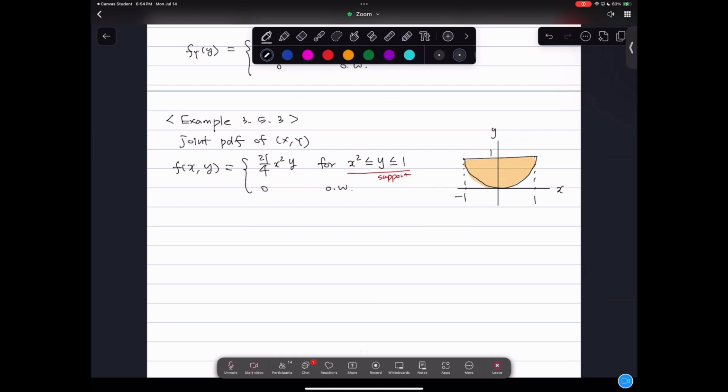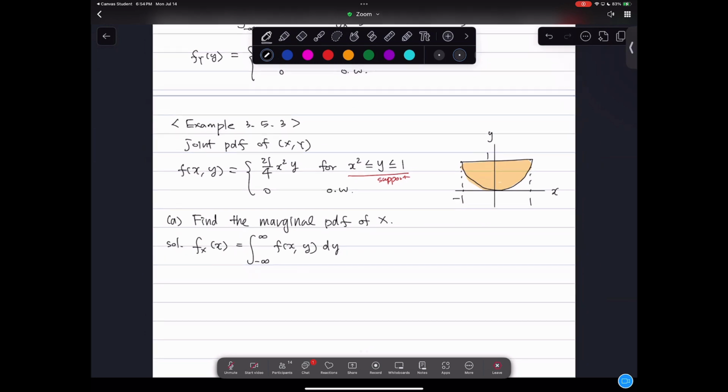So now I'm getting my marginal PDF of x, and then let's get the marginal PDF of y. So I'll find the marginal PDF of x. By definition, f of x equals, you integrate your joint with respect to y. So now I have to think about integrating with respect to y.